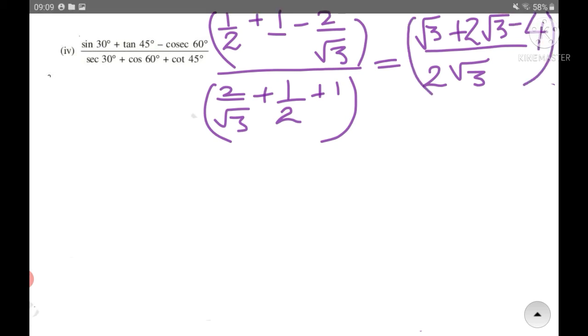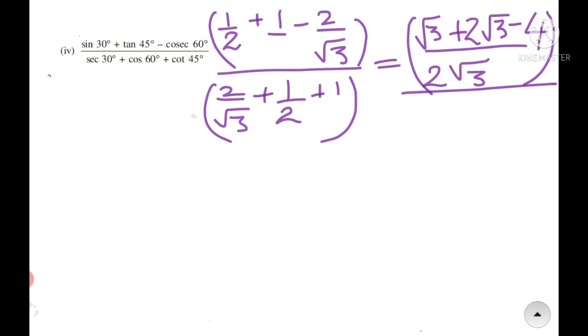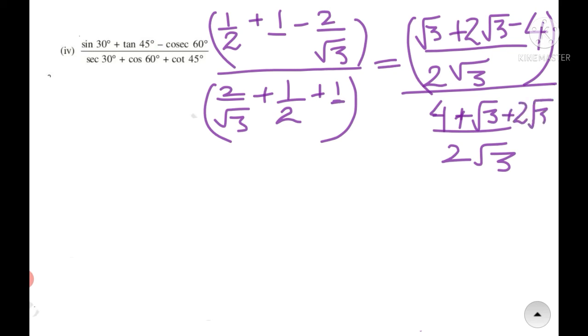Again, I give them a separate bracket. In the denominator, again LCM is 2 root 3. This 2 will be multiplied with 2, I get 4, plus second term 1 will be multiplied with root 3, I get root 3, and this last one is going to be multiplied with both, that is I get 2 root 3, and I again give it a bracket.